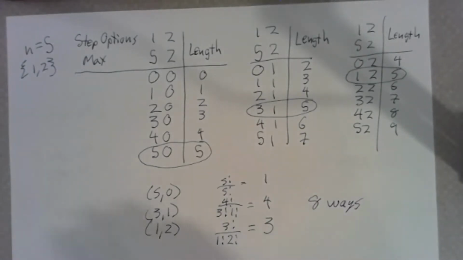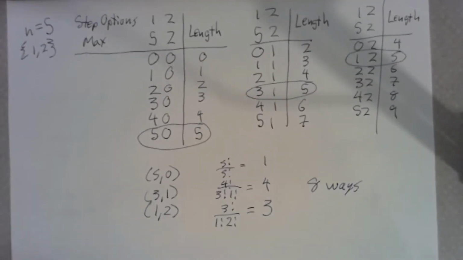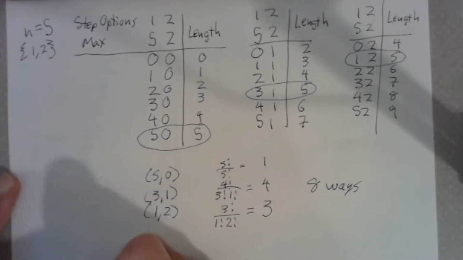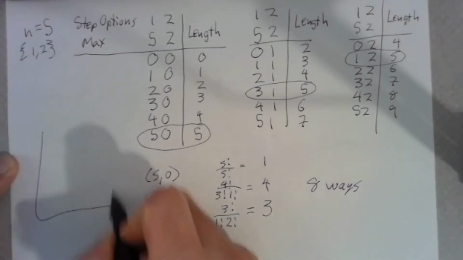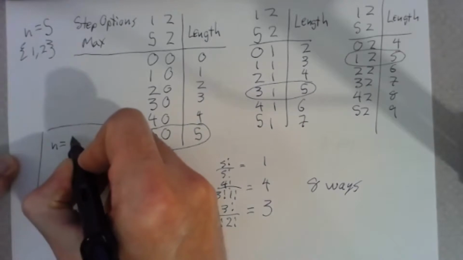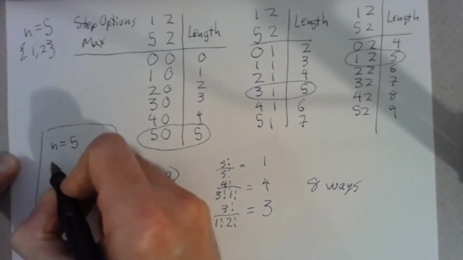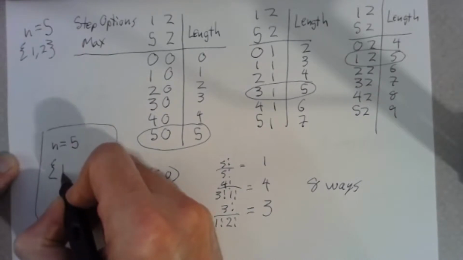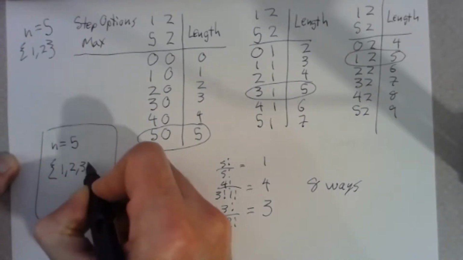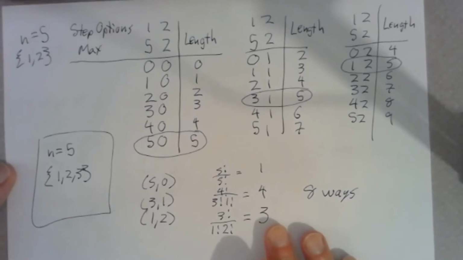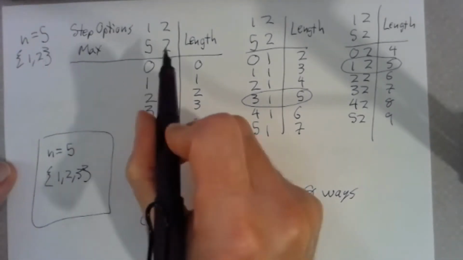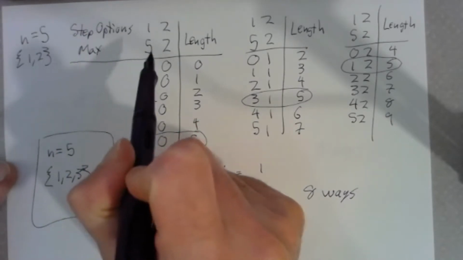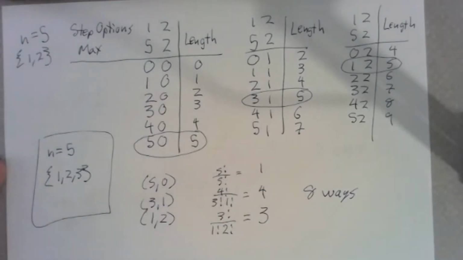Okay. Now I'm going to leave you with an example to do on your own. We're still going to have a staircase of length 5, but I want you to work out if you had step options of 1, 2, and 3. Okay, so here you'll have an extra column in this area, and then you'll need to compute the maximum of each of those step options.